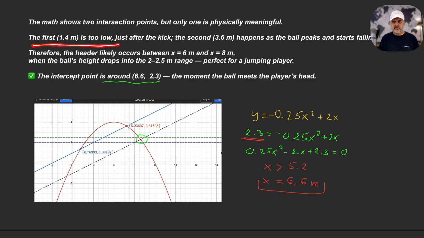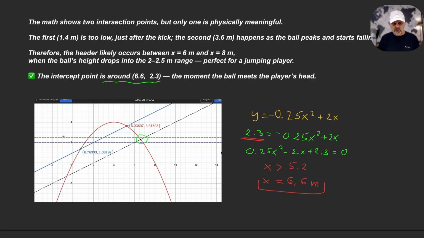Mathematically, we have those 2 points, but then we have to make sure that in reality, this is a solution that you would consider. When you observe that the ball path intersects the line at 3.6 height, you would say that is way too high.